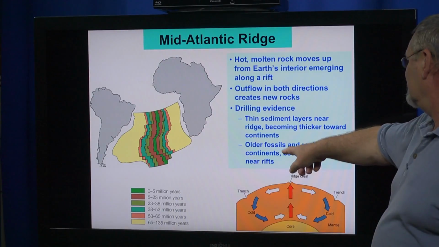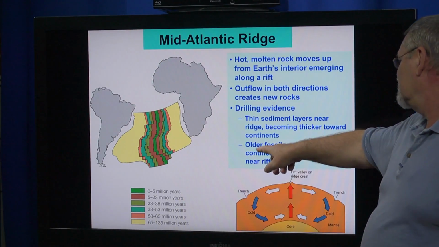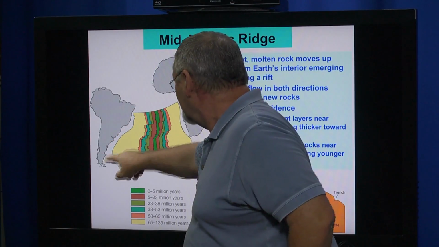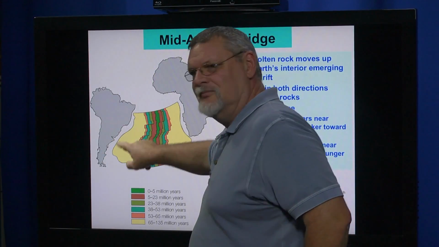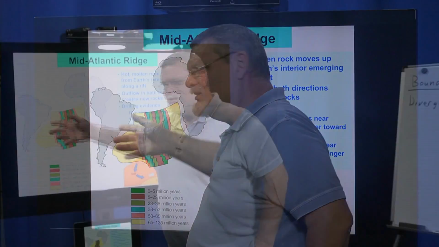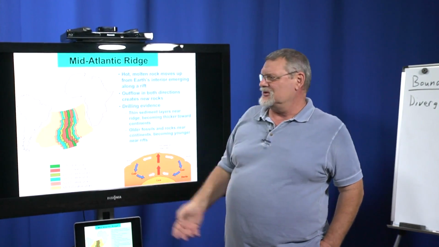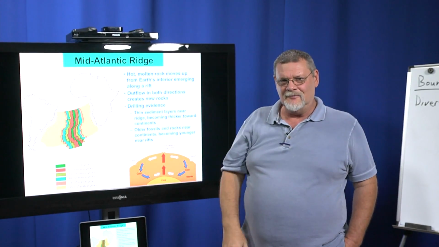And let's see, some drilling evidence. We've drilled. Older fossils and rocks are near the continents. In other words, over here, this is where we find much older fossils. Remember, there are animals in the ocean, and they die off and they sink to the bottom.